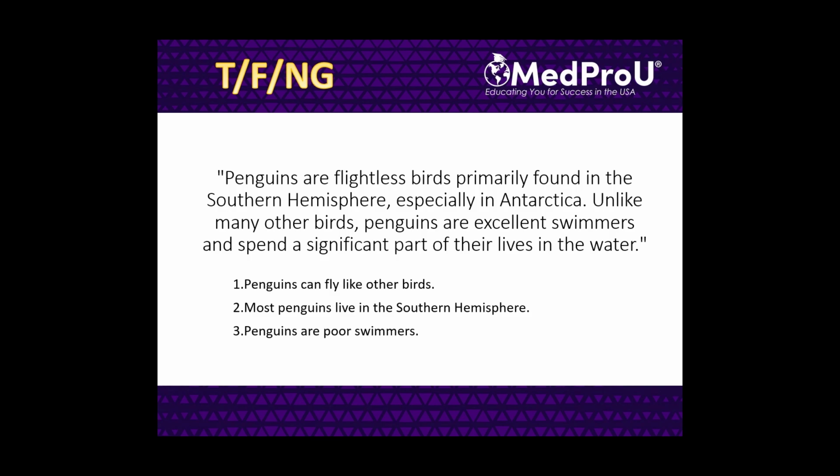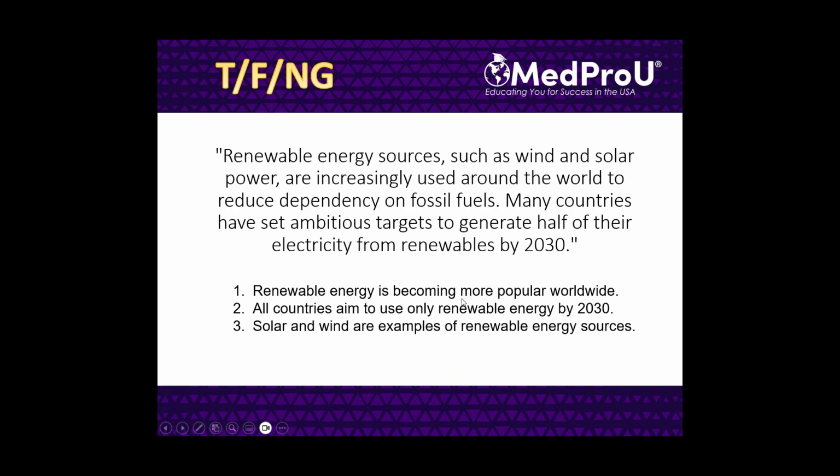Excellent swimmers, poor swimmers, so it's false. The correct answer is false, true, false. Now, are you ready for another round? How about this one? I'm giving you 3 minutes again for this one.